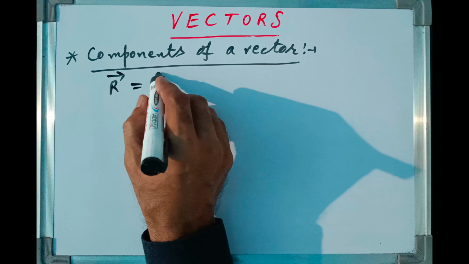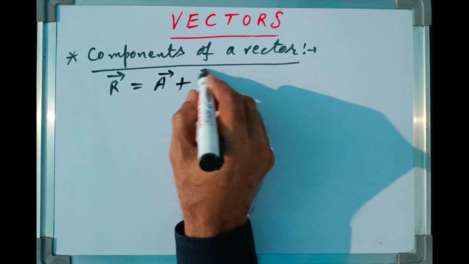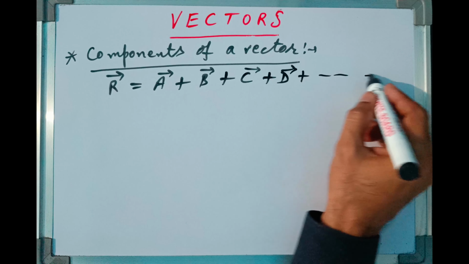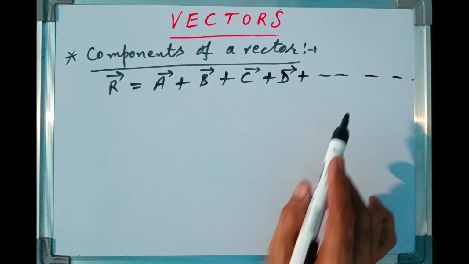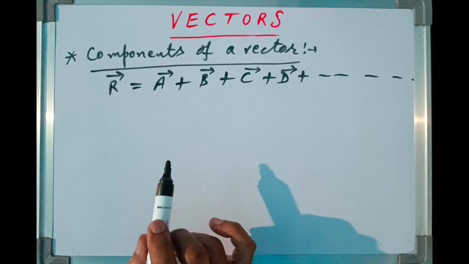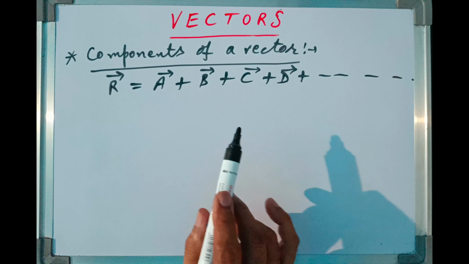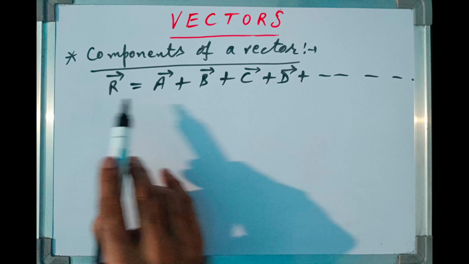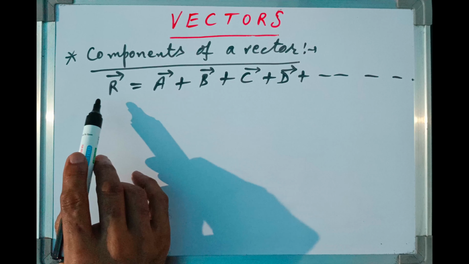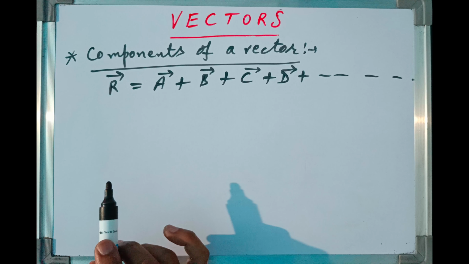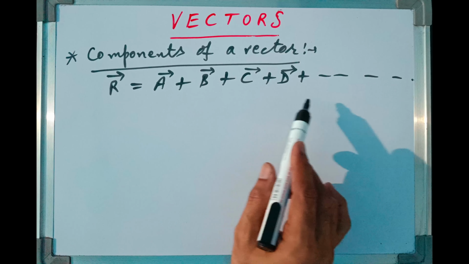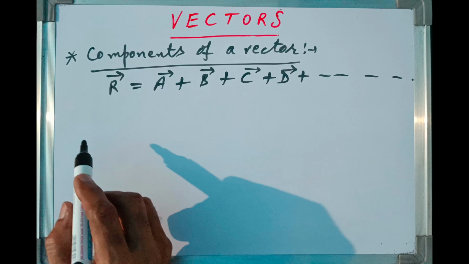If I can write r equal to a vector plus b vector plus c vector plus d vector and so on, then all these vectors on the right hand side, the sum of which is equal to the given vector, these vectors are called components of a vector. So a vector, b vector, c vector, and so on are the components of r vector. This is the meaning of components of a vector. And this vector is called resultant of these vectors.